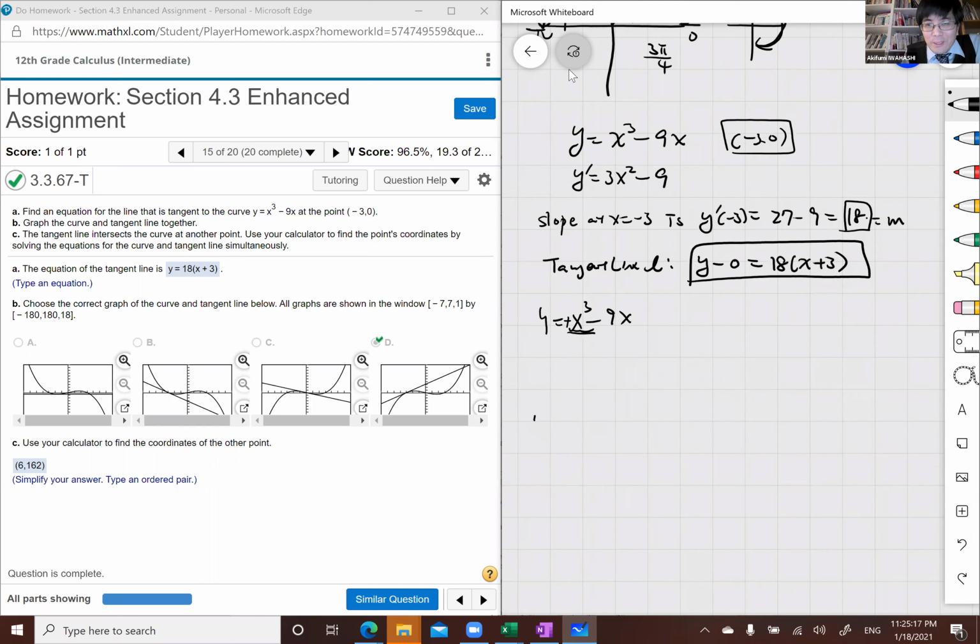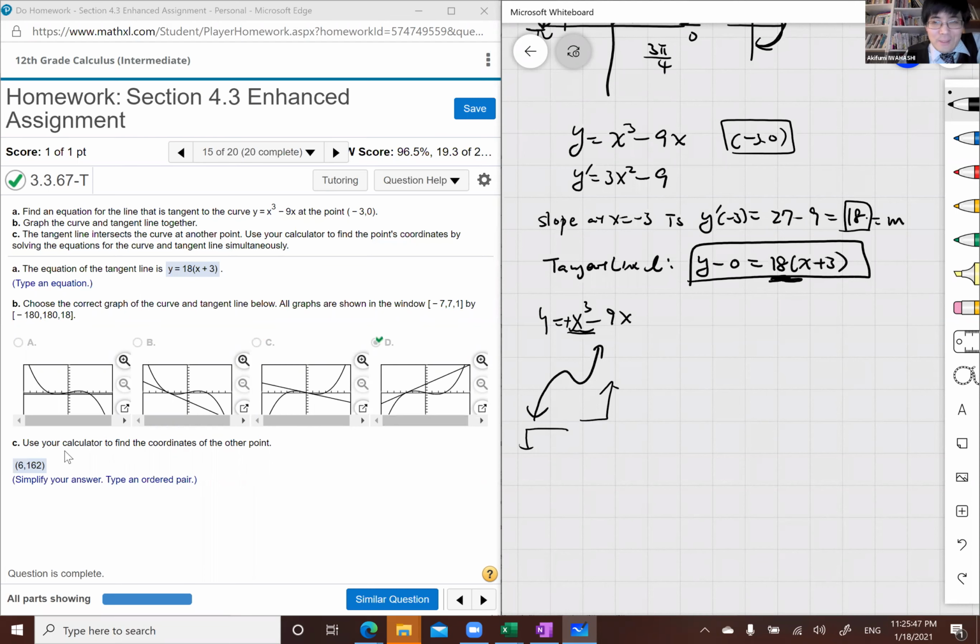So its graph looks like this, from lower left to upper right. So by looking at the choices, it's obvious that A and B are not the right choice. And comparing C and D, you notice that the slope of the tangent line is positive or negative. That's a huge difference. And we know that the slope is positive 18. So just pick the one with a positive slope tangent line. So D seems to be the only choice.